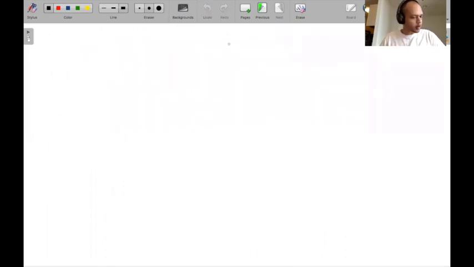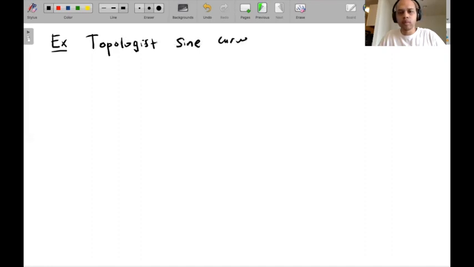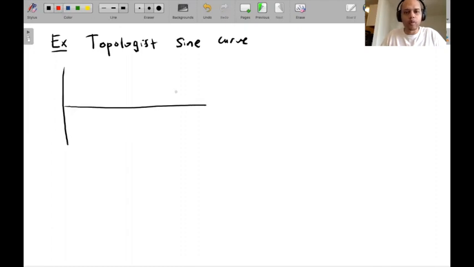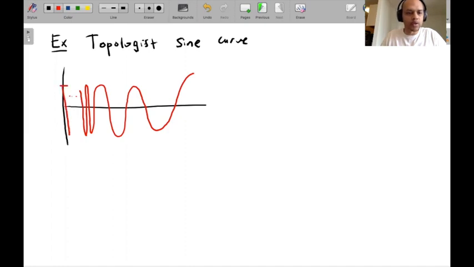Okay, so I think the last thing I want to do in this lecture is one more example, which is the topologist's sine curve. So remember, this is defined: we have the graph of sin(1/x) and then we have the interval {0} times [-1, 1].